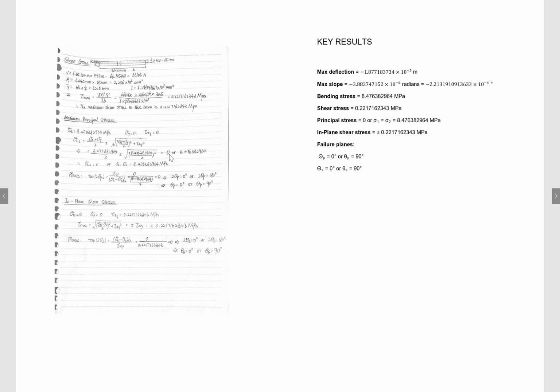For this one it is 0 or 8.476 something, and here are the failure planes. Because sigma x and sigma y are 0, the in-plane shear stress is plus or minus 0.22171 something, and the unit here is the same as here, because the calculation is not changing the unit.